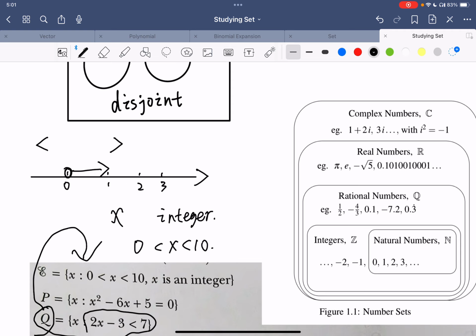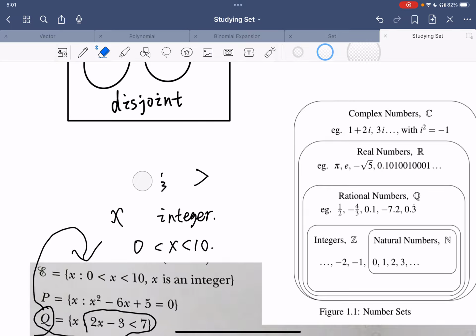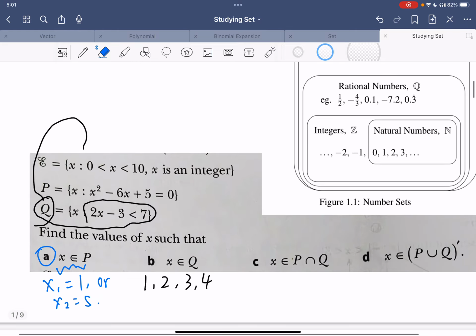But what if we have smaller or equal to, bigger or equal to, then we use an opening interval to represent. Okay? All right. Now let's move on.